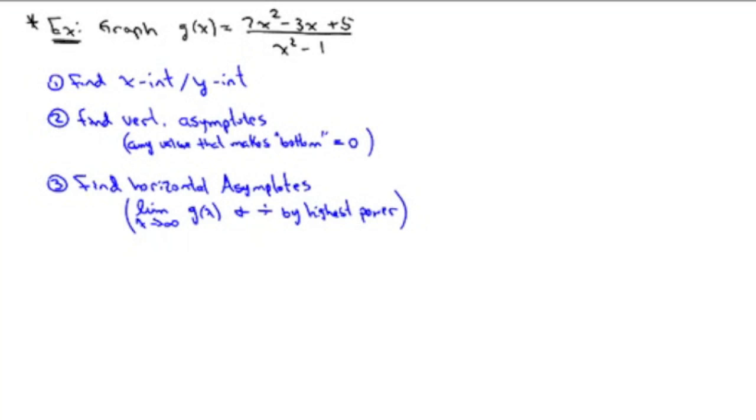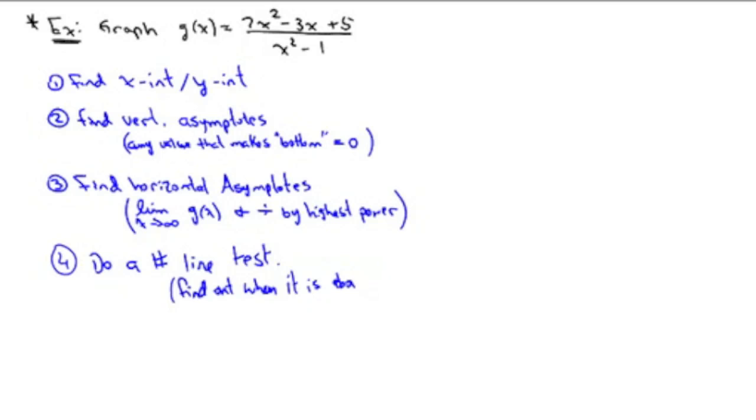Okay, so x-intercepts, y-intercepts, vertical asymptotes, horizontal asymptotes, and probably the most important part of this, do a number line test. Find out when it's above or below the x-axis.